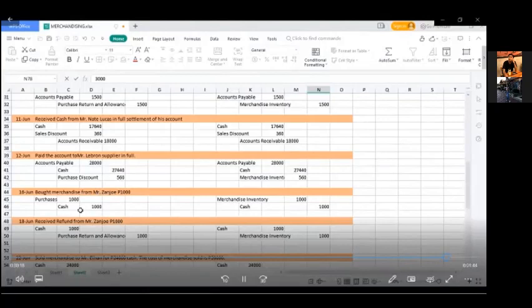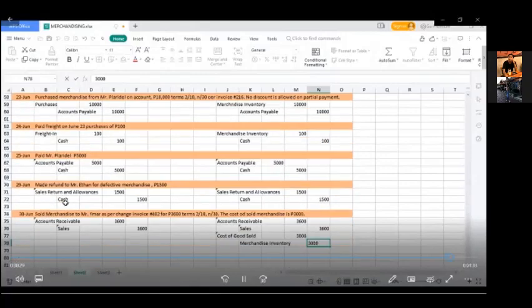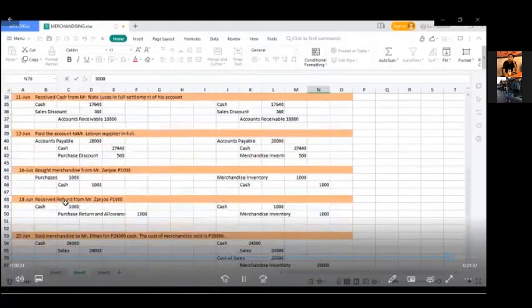So, ang tawag natin doon is gross profit. And then, ililess natin yung operating expense, which includes advertising expense, rent expense, utilities, salaries, and supplies expense. So, yun yung computation ng net income natin kapag periodic.